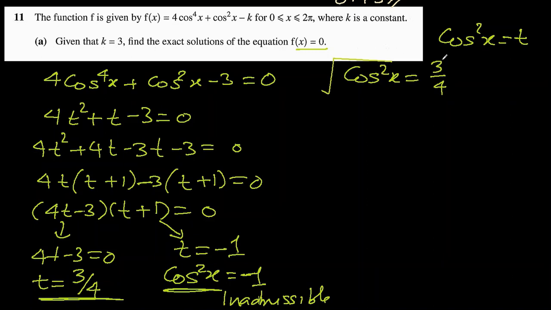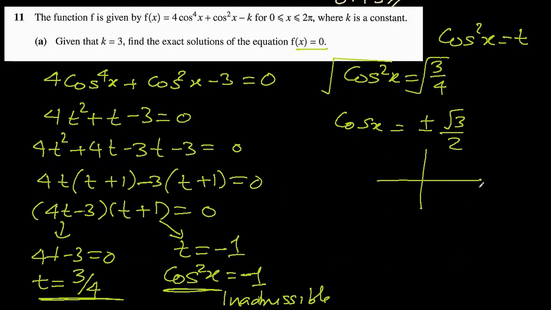Square root both sides. So cos x equal to plus minus square root 3 over 2. Plus and minus both, and we want from 0 to 2 pi. So we know that all four quadrants from 0 to 2 pi, here the cos is positive, here cos is negative, and cos is positive. So because we have both options, positive and negative, all four quadrants will have the answer.